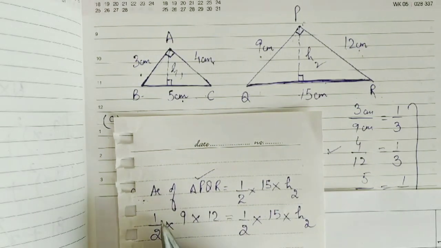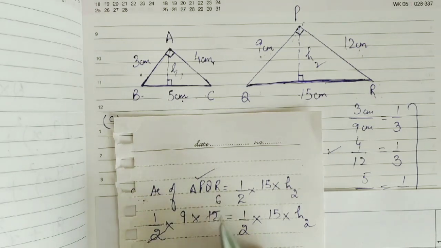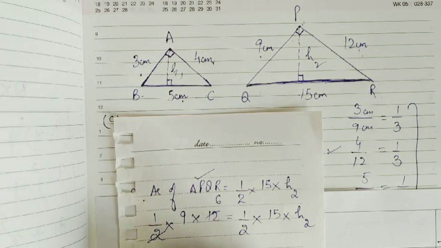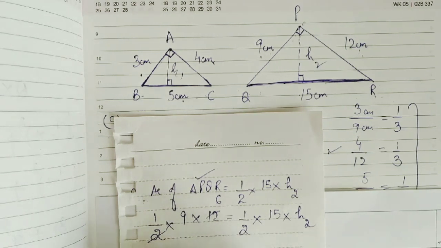What is h2 here? Cancel this. This is 6. So this becomes 54 into 2 by 18 by 15. Okay, and this would be the value for h2. Put it in the simplest form.